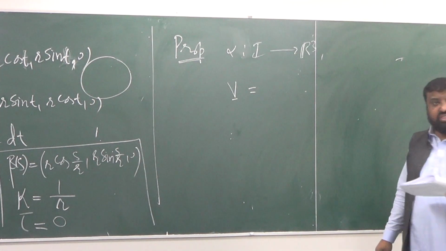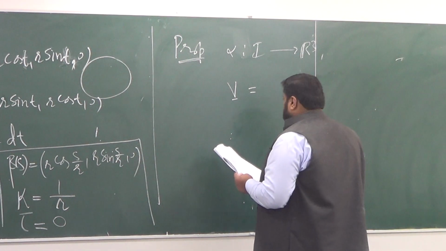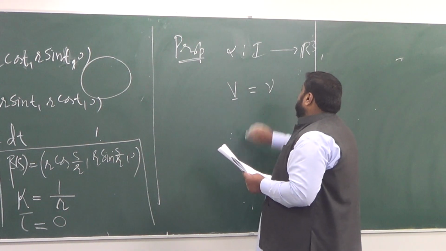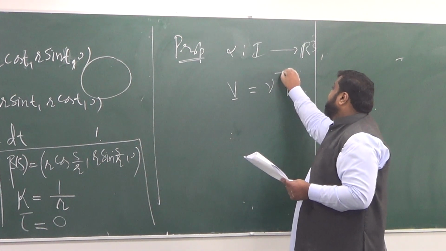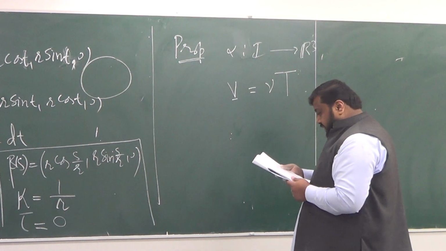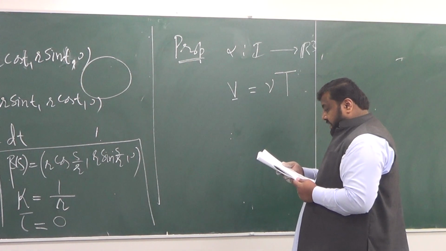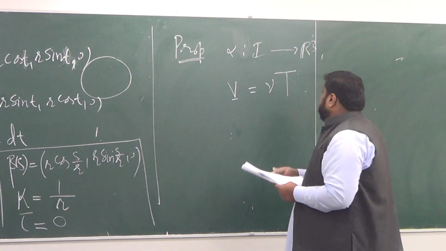Then you can compute this velocity by computing the speed of the curve and multiplying it with the tangent. And how are you going to compute the speed of the curve? Just take the magnitude of the velocity.